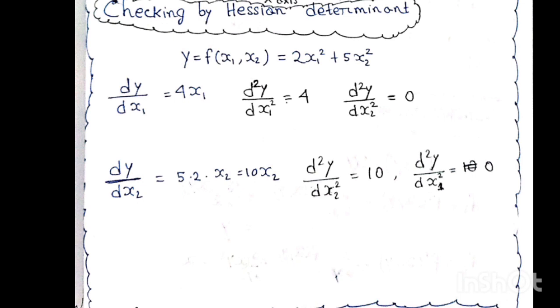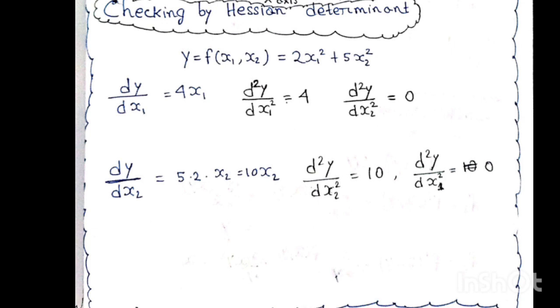Similarly, if we differentiate y with respect to x2, that will be equal to 10x2, and if we find the second order derivative of y with respect to x2, that will be equal to 10. And similarly, if we find the second order derivative of y with respect to x1, that will be equal to 0.